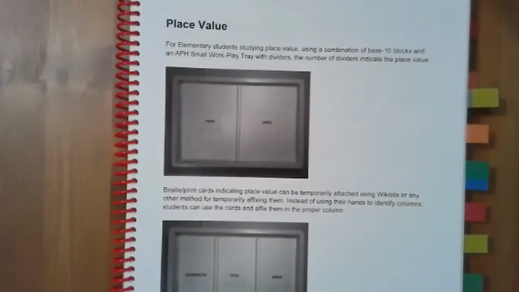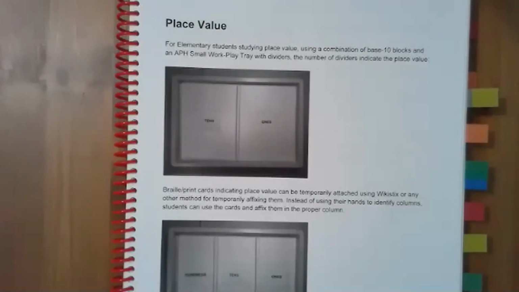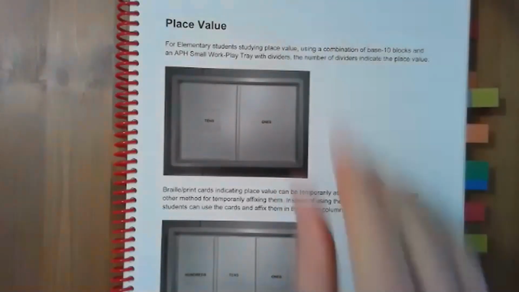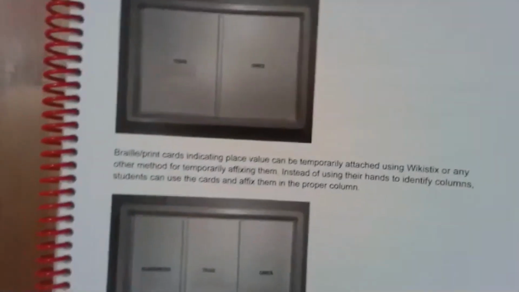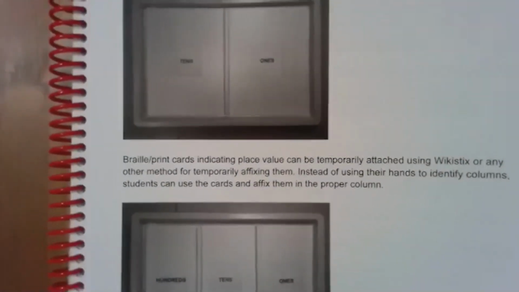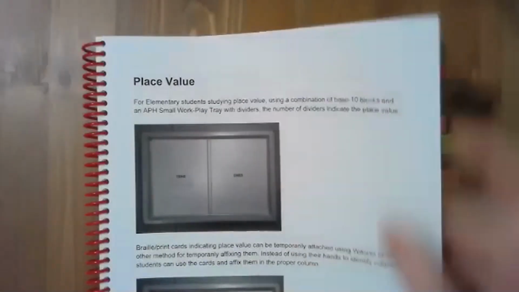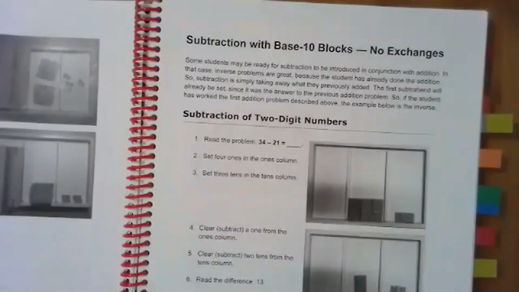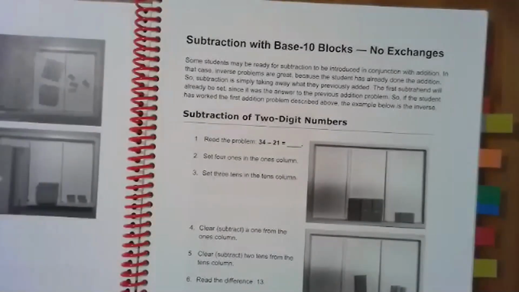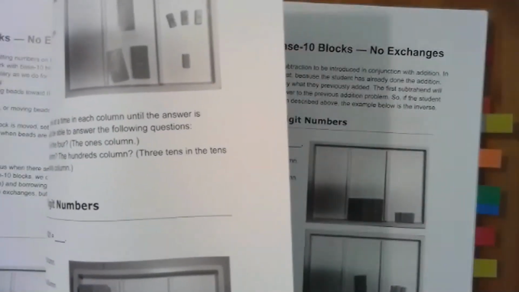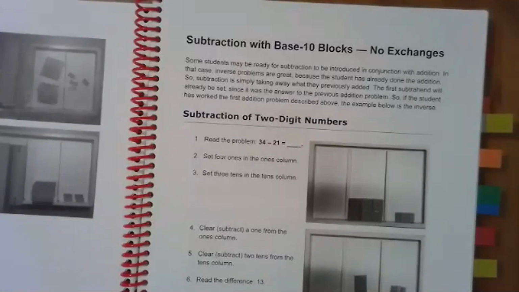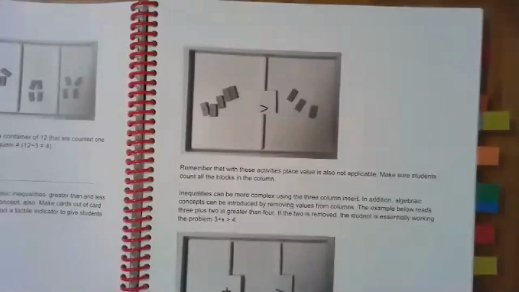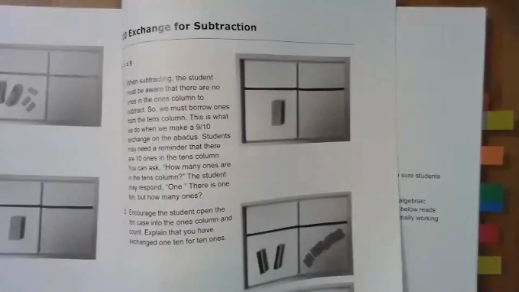This is the chapter on place value using the manipulatives, and you can see the workplay tray there that's divided into tens and ones and hundreds, tens and ones, and then you go through and do setting and reading numbers, and use the workplay tray for addition and subtraction, and even some multiplication concepts as well.